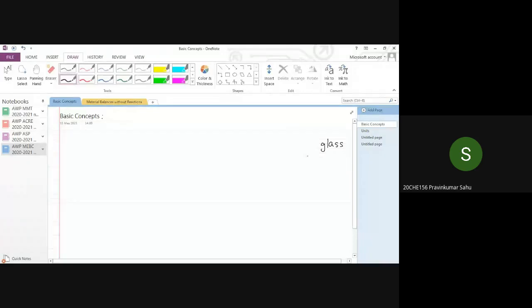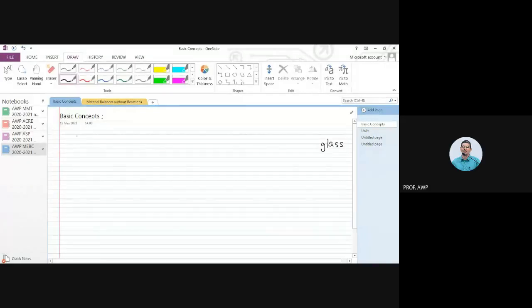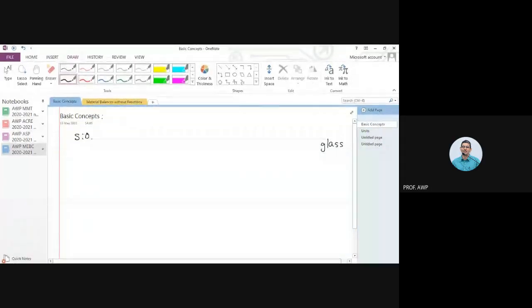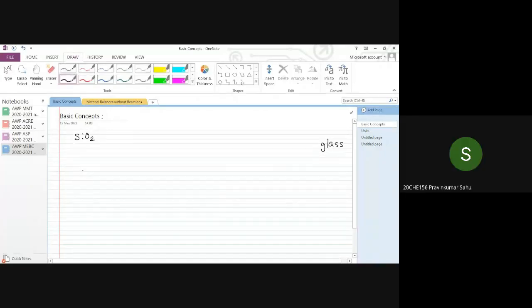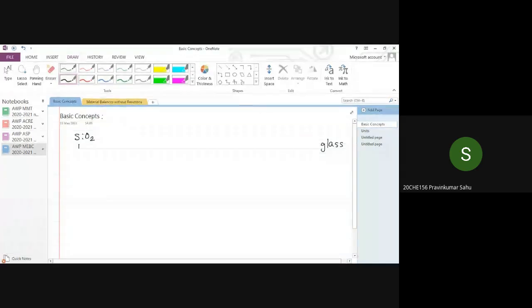Silicon dioxide, SiO2. And then what? Many other things, the transition metals, like iron for different colors. Transition metals like molybdenum if you want blue color.